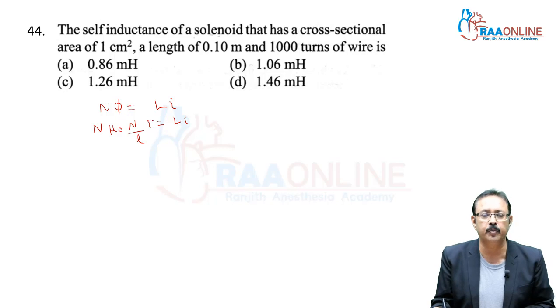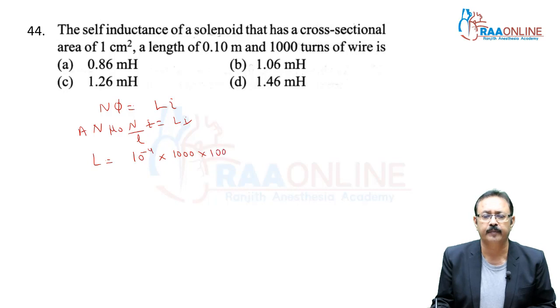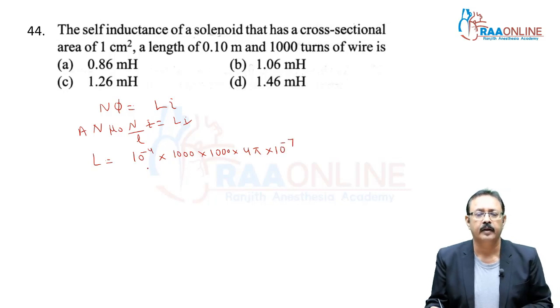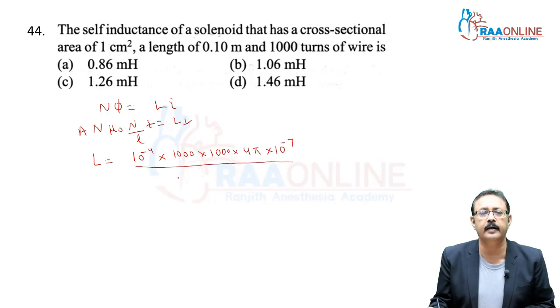Phi is B into A, I am putting it here, cancel I with I. So L means area of cross section, 1 centimeter square means 10 to the power minus 4, number of turns 1000 into 1000, mu naught means 4 pi into 10 to the power minus 7 divided by L. L is 0.10 meter.